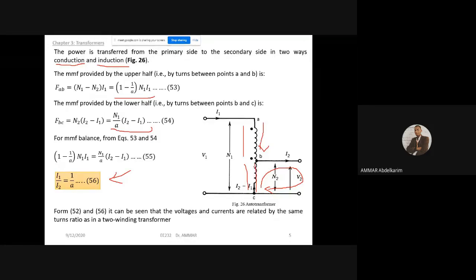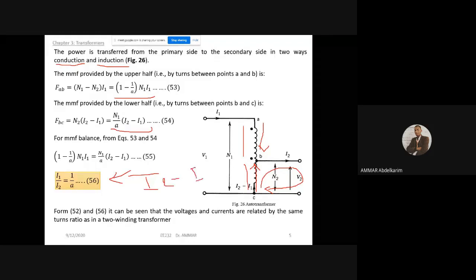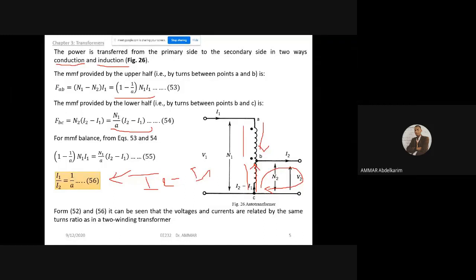So the current flowing in the coil BC is in this direction, so the current flowing in this coil is I2 minus I1. By calculating the MMF in the upper half and the lower half of this autotransformer, we proved that I1 over I2 is 1 over A.